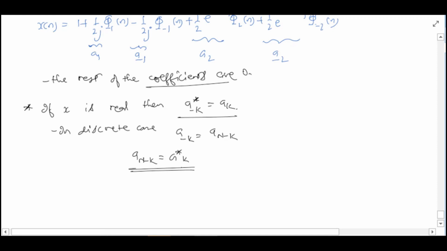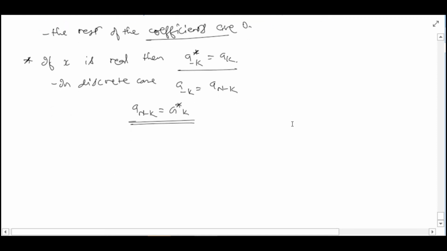So this is all that we have to see about Fourier series. We end this lecture by summarizing the properties of Fourier series in continuous and discrete time. So here is the summary. We have continuous time and discrete time.